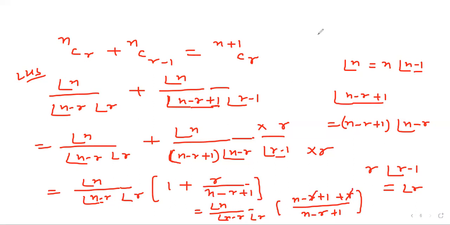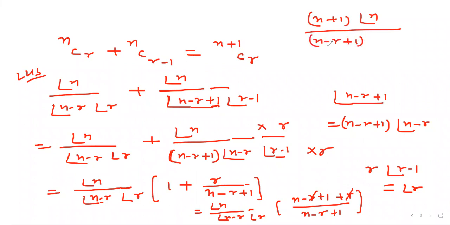So in the numerator, we will get (N plus 1) times factorial N, divided by, in the denominator, (N minus R plus 1) times factorial (N minus R) times factorial R. So this will become factorial (N plus 1), and in the denominator, it will become factorial (N minus R plus 1) times factorial R.